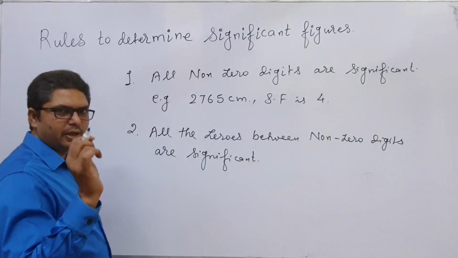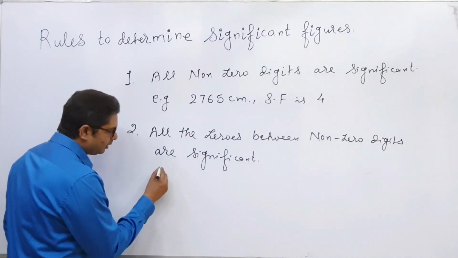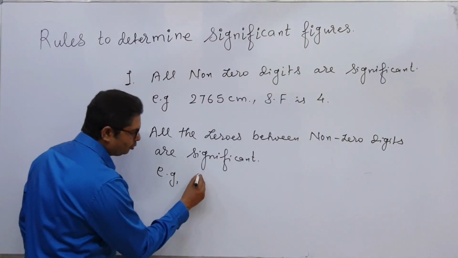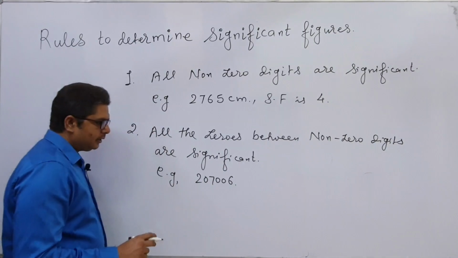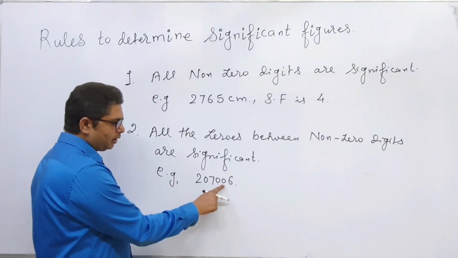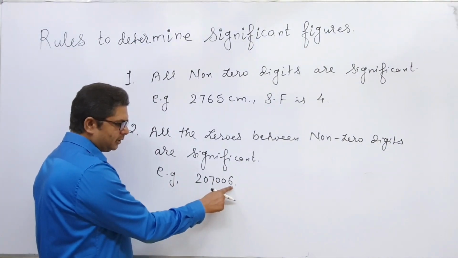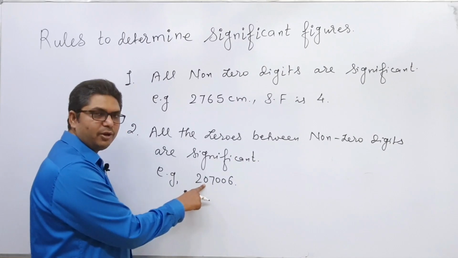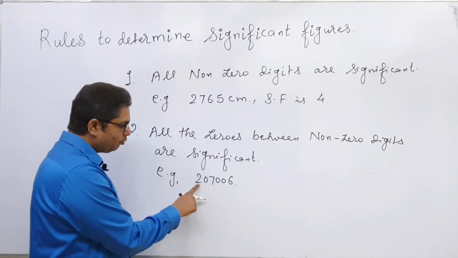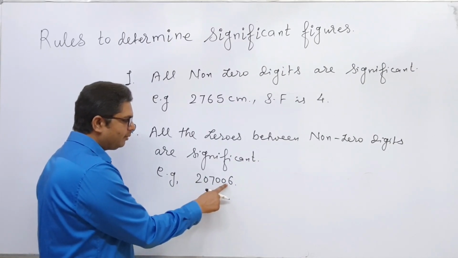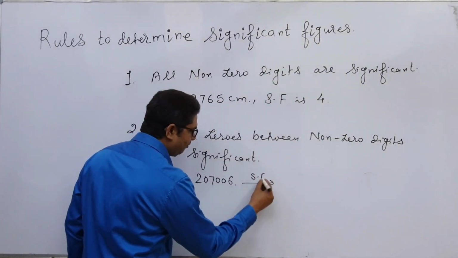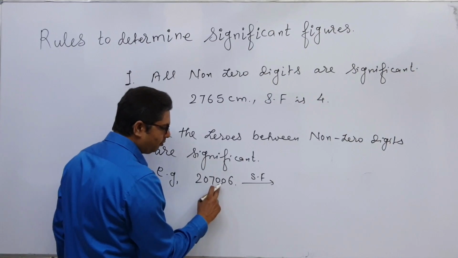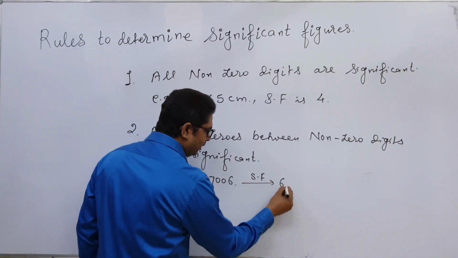I am giving you an example. Suppose the example is 207006. Then here this 0 lies between non-zero digits. These 0s also lie between non-zero digits. So significant figure is 1, 2, 3, 4, 5, 6.